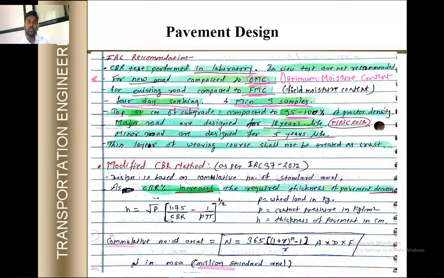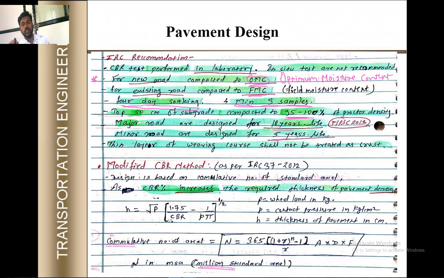How much density will we achieve at the top? 95 to 100%. Major roads are designed for 10 years and minor roads are designed for 5 years. Please keep in mind, in flexible pavement as per the CBR method, major roads are designed for 10 years and minor roads for 5 years.